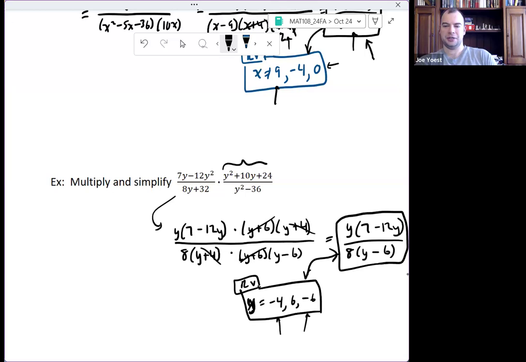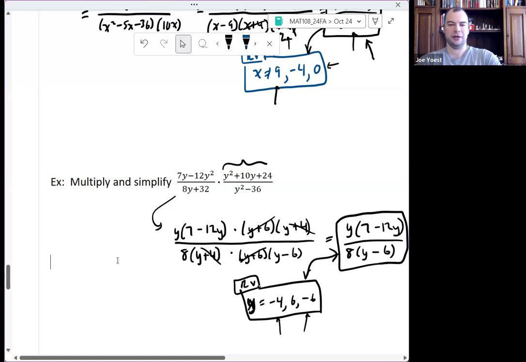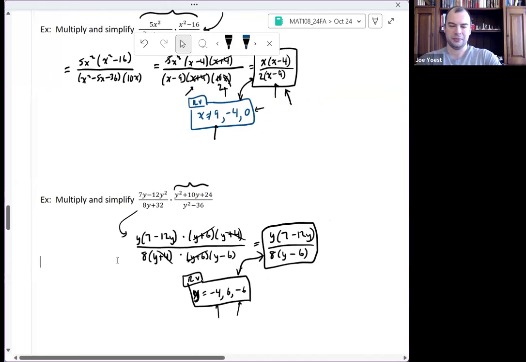We lost the implication of -4 and -6 being domain restrictions. So it is important to list these restricted values explicitly before we start dividing things out and getting a simplified form. But these two pieces together, these two boxes together, would be our simplified form.